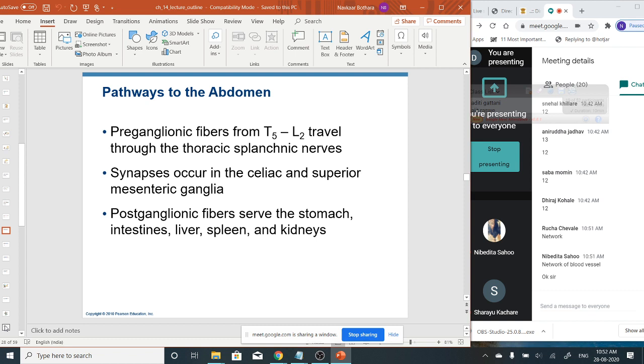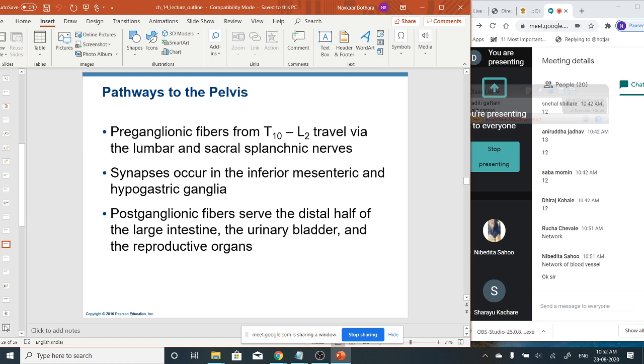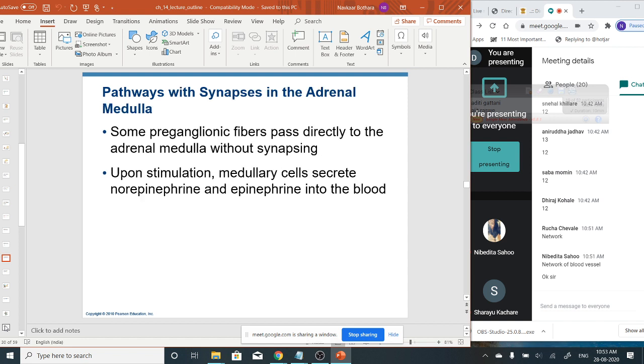I repeat, please go through this physiology and try to understand from that, and every time try to get some idea of what will happen in such a case. So in the pelvis, there are sacral splanchnic nerves, then mesenteric and hypogastric ganglia, reproductive organs, urinary bladder, large intestine. So everywhere they will show action.